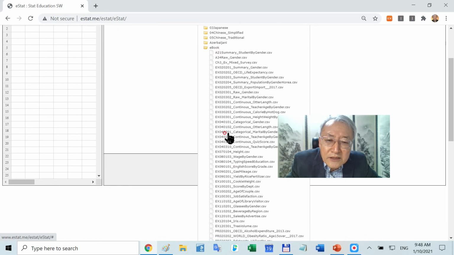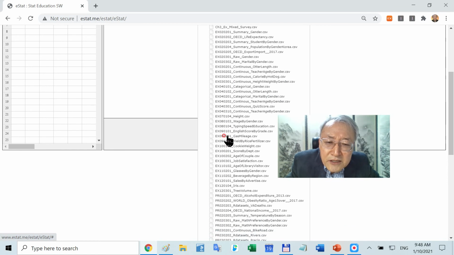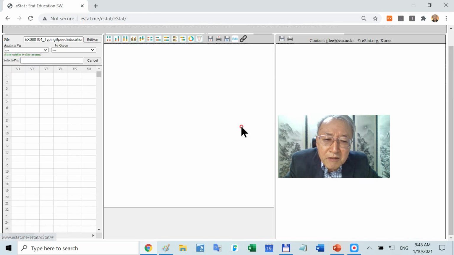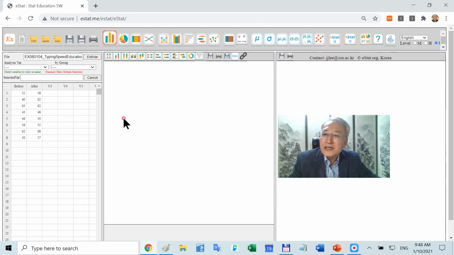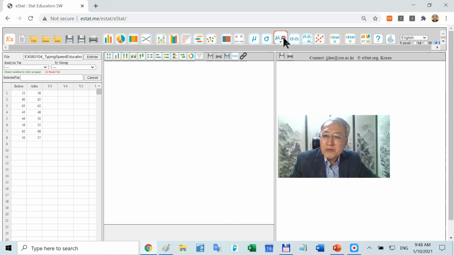We are in chapter 8, EX0801. It's a typing speed problem. Can you see that? If you have this kind of data, you can click the hypothesis test about mu1 and mu2, and click these two variables.